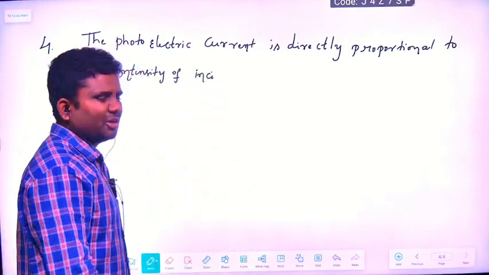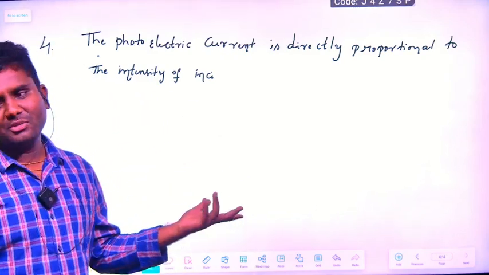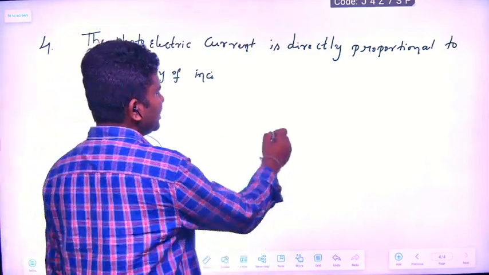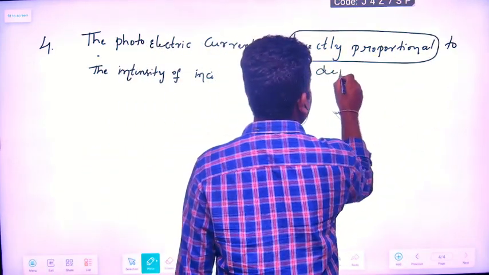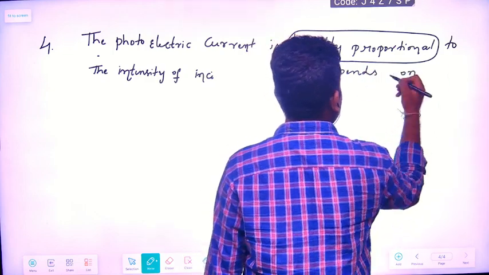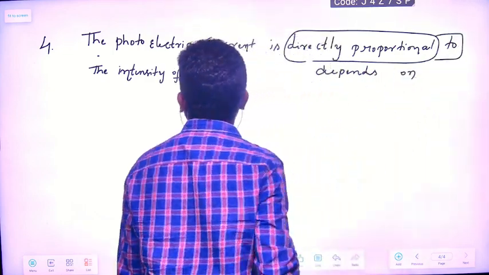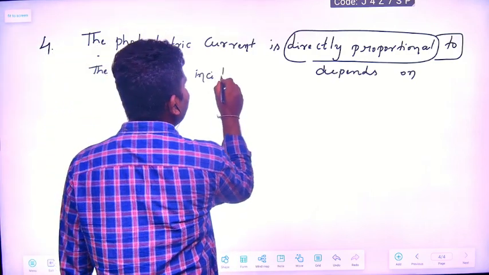Or you can also take it as the photoelectric current depends on the intensity of incident light. Actually the best one is to write depends on.